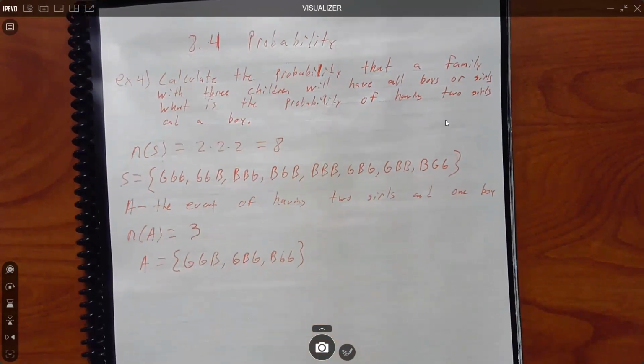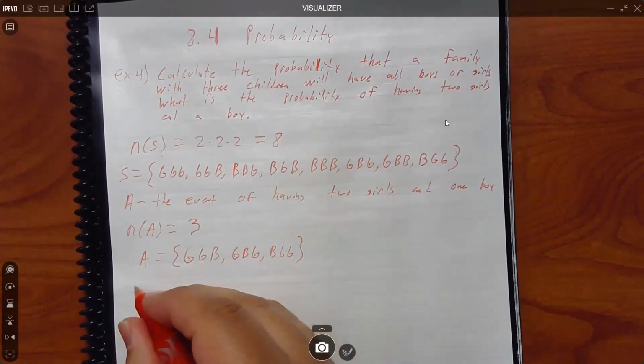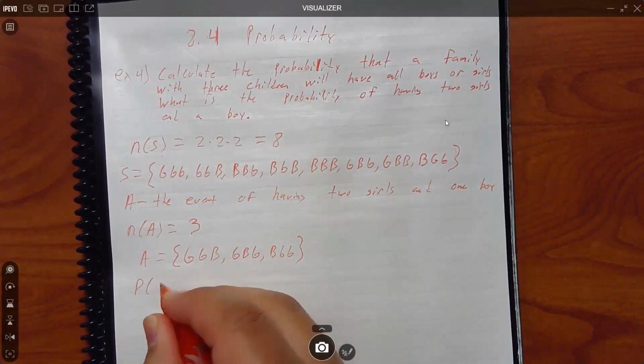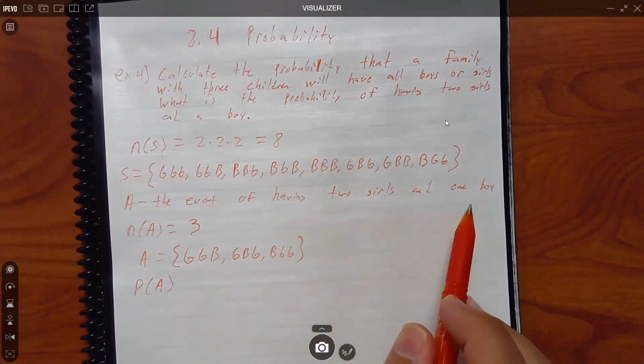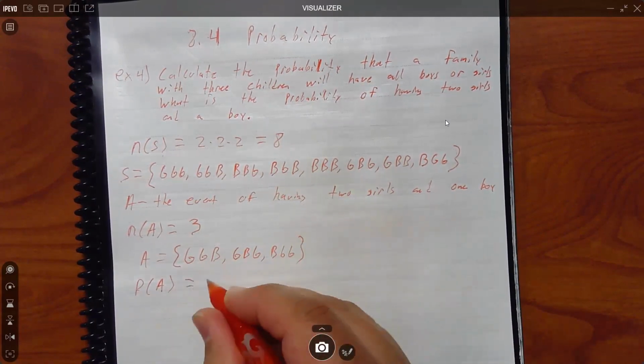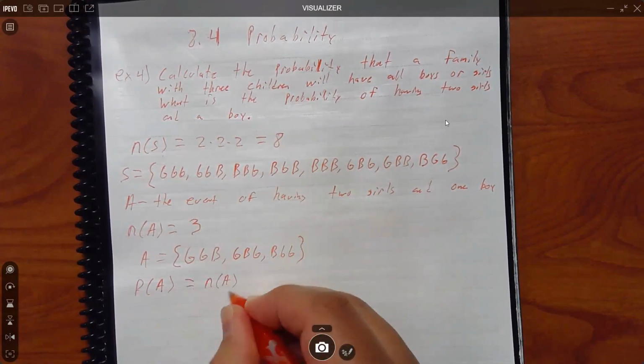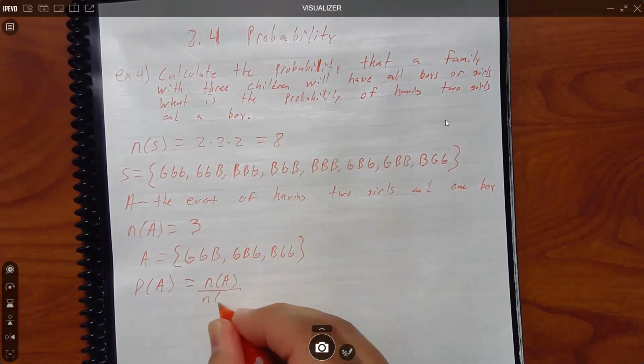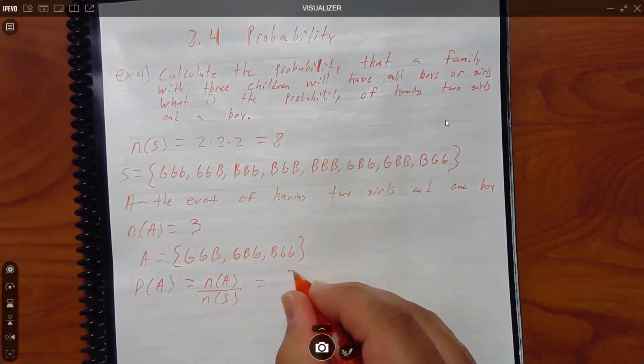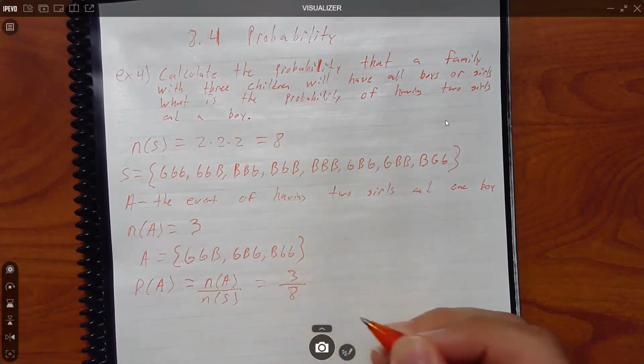Okay, so then we use that formula we wrote down earlier. Whenever they ask for the probability of an event, the probability of A, the event of having 2 girls and 1 boy, that's going to be equal to the number of elements in A divided by the number of elements in S, which will be 3 out of 8.